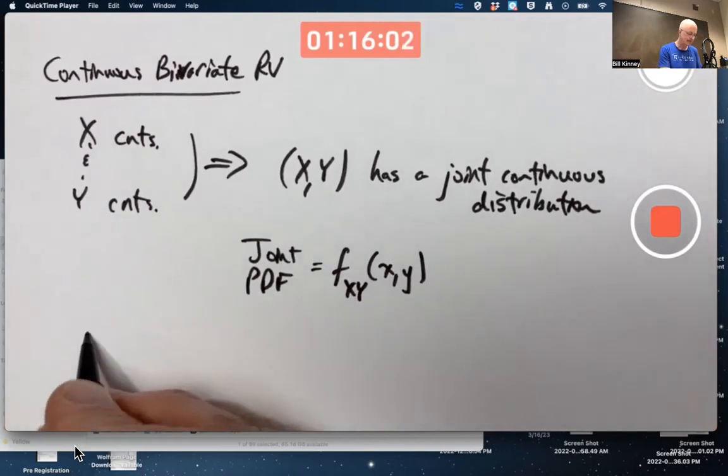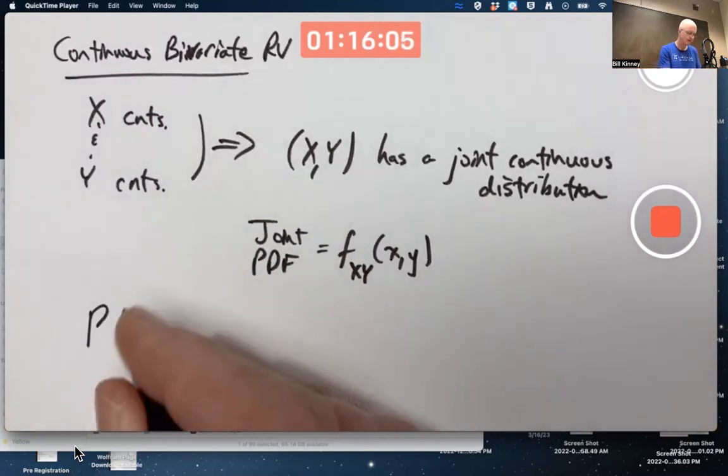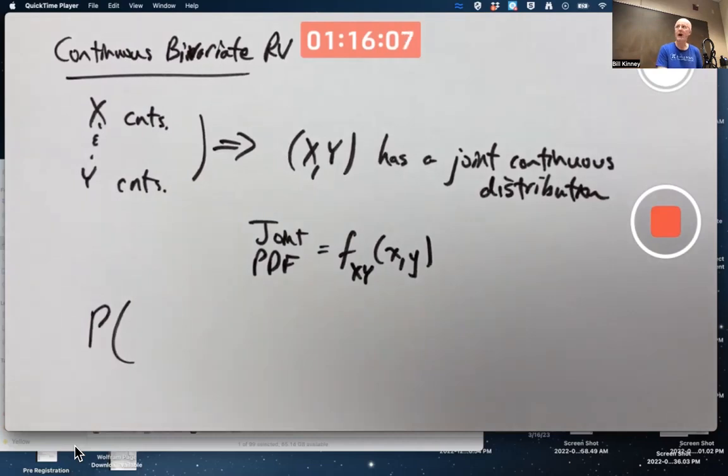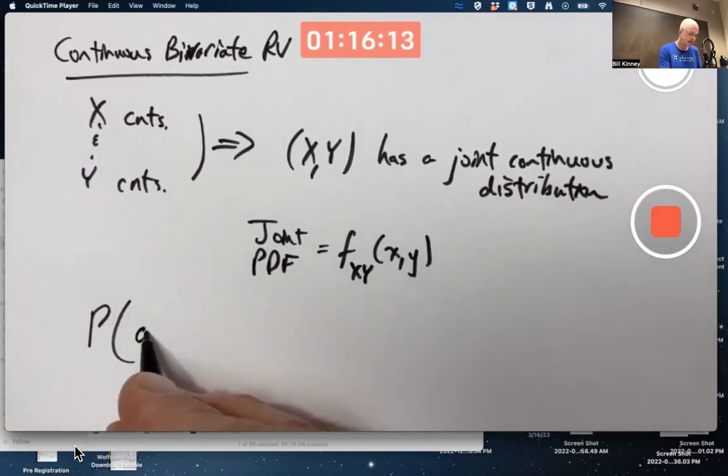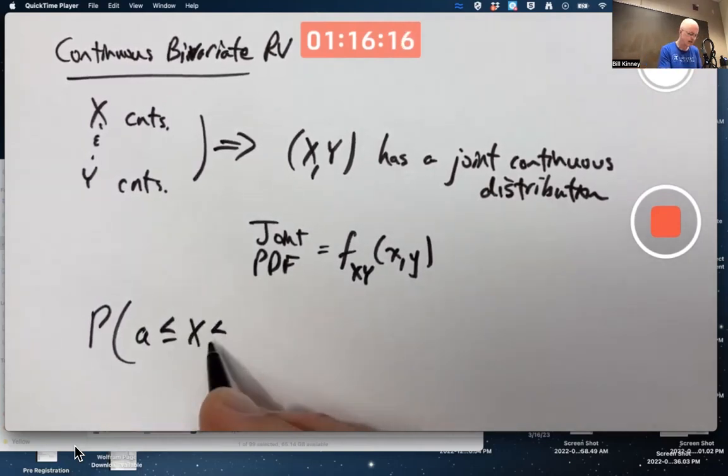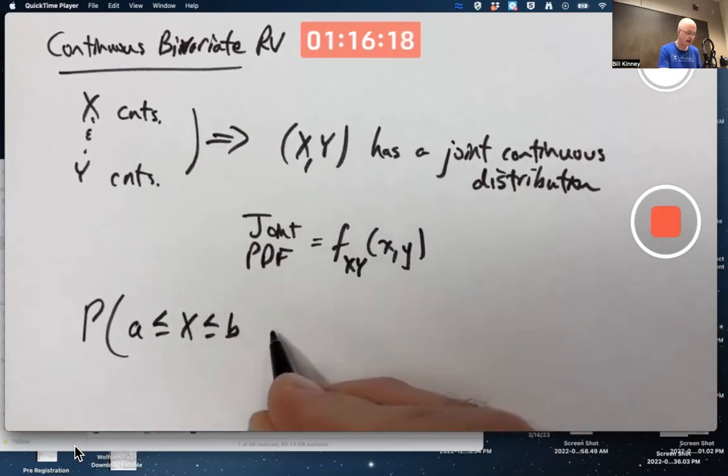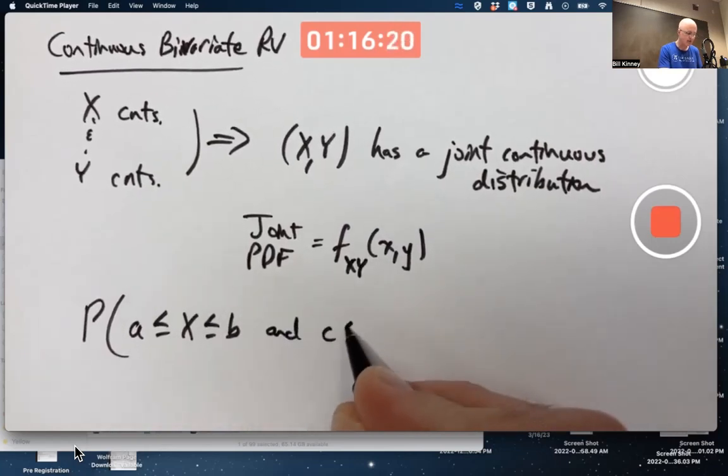It's simplest if you are describing the probability that you're after in terms of inequalities like this. Say capital X is between a and b, and capital Y is between c and d.